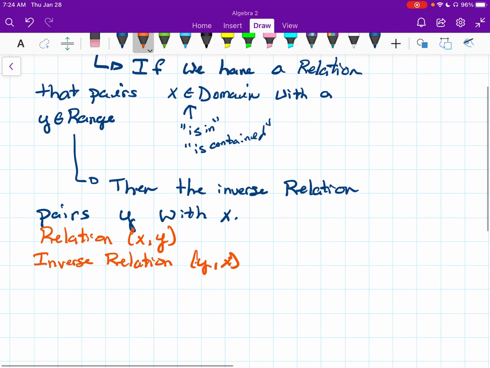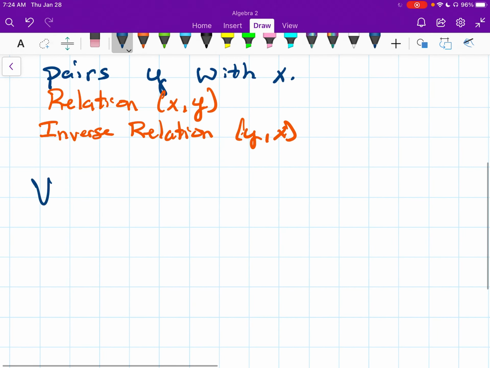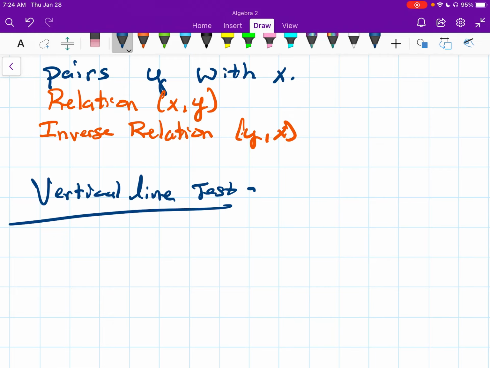One thing that will be useful later on whenever we start talking about functions is the vertical line test, right? Hopefully that's review for you.